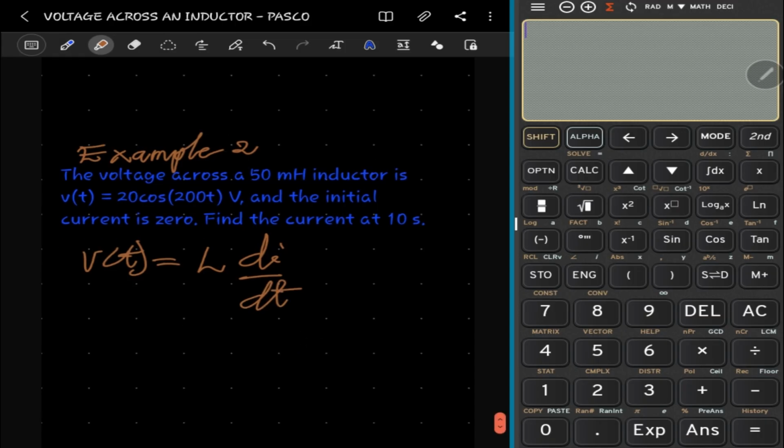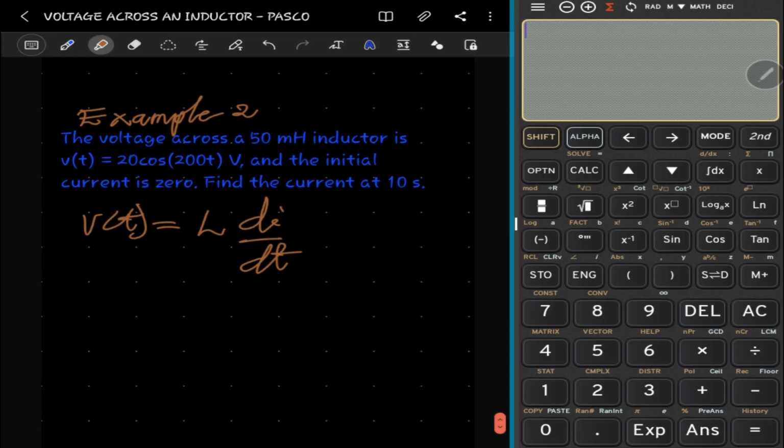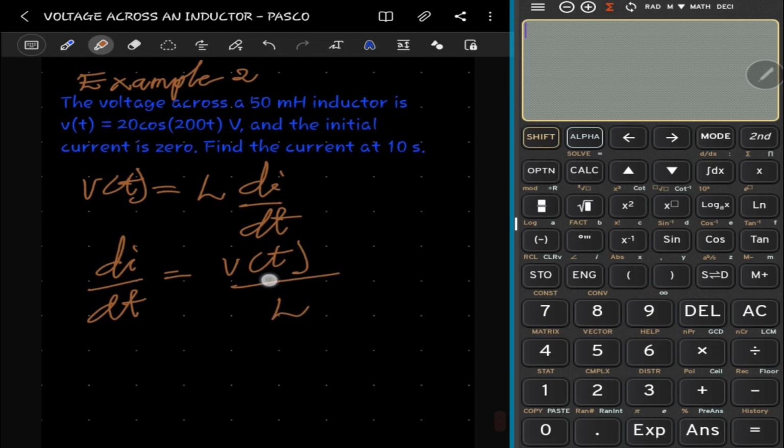So if you are finding the current, that will mean that we have to do some integration, right? So first of all we have to make di/dt the subject, be equal to this v(t) all over L, right? Okay, so this is what we do.